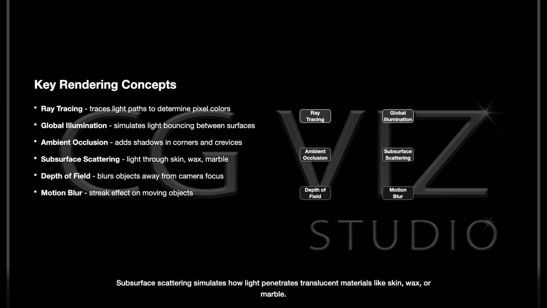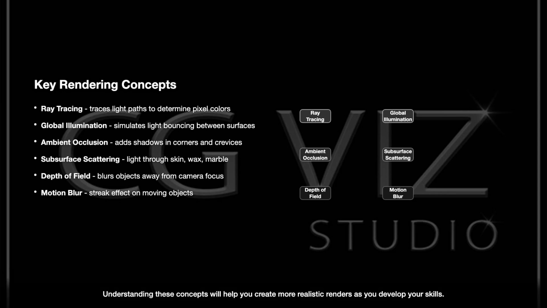Subsurface scattering simulates how light penetrates translucent materials like skin, wax, or marble. Depth of field blurs objects that are closer or farther from the camera focus point, mimicking how a real camera lens works. Motion blur adds a streak effect to moving objects, making animations feel more cinematic and natural. Understanding these concepts will help you create more realistic renders as you develop your skills.